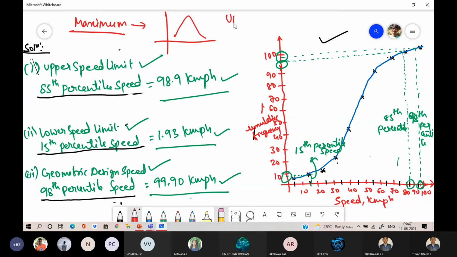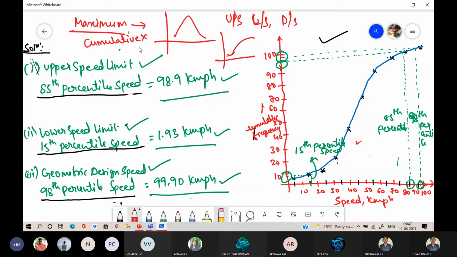If they ask upper speed limit, lower speed limit, and design speed limits, the graph looks S shape. S shape curve we are going to plot. And when the maximum vehicles are asked, no need to calculate cumulative frequency.